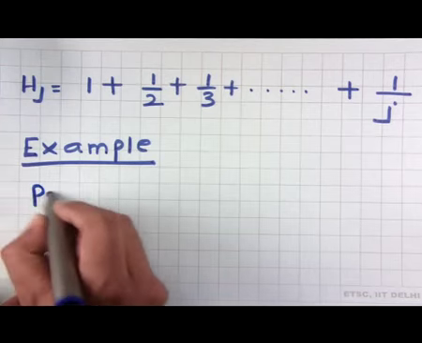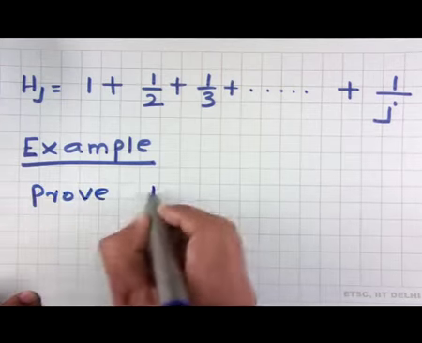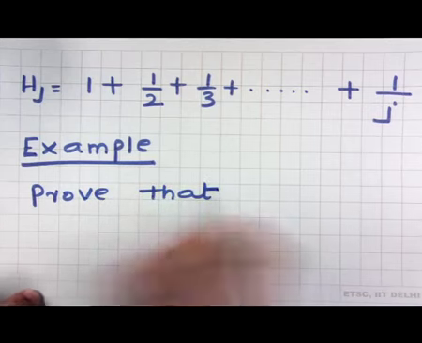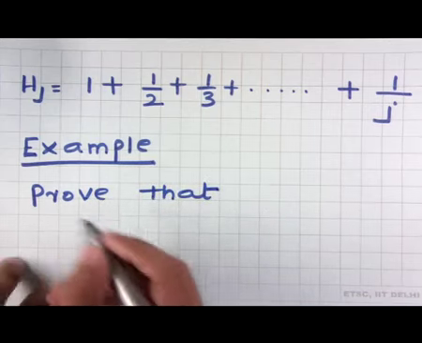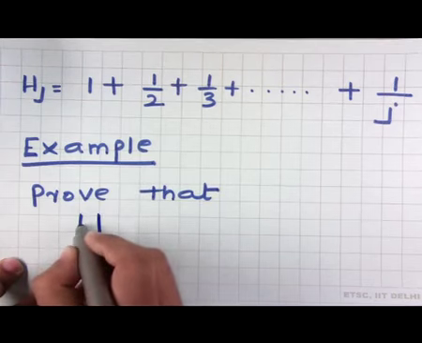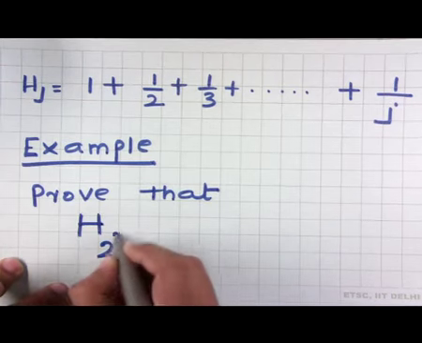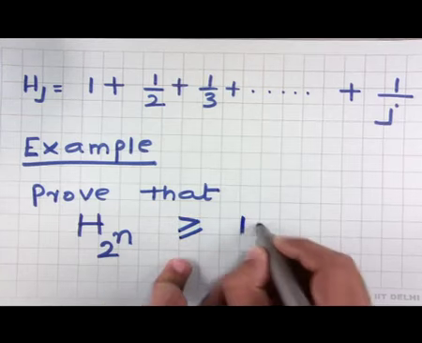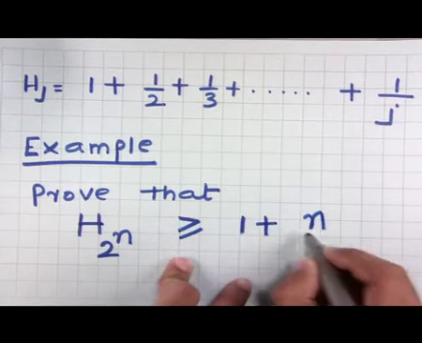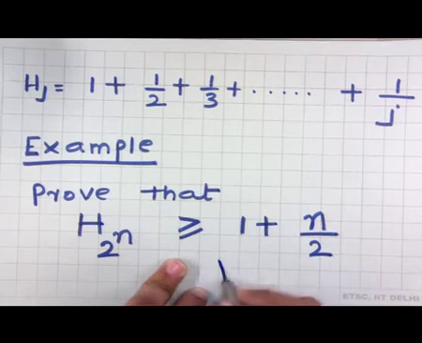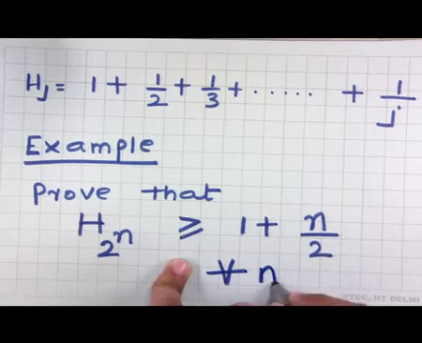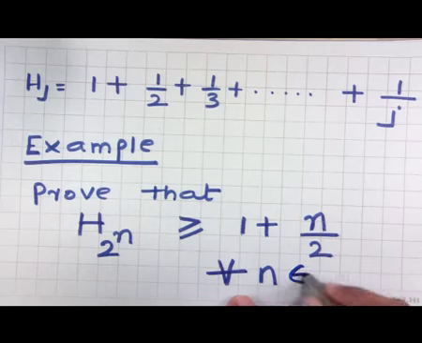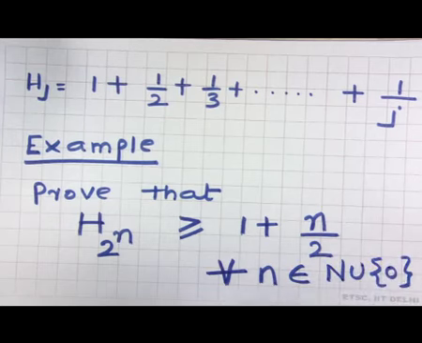Prove that 2 power nth harmonic number, in notation h 2 power n, is greater than or equal to 1 plus n upon 2 for every n over the set N union 0, meaning for every non-negative integer.